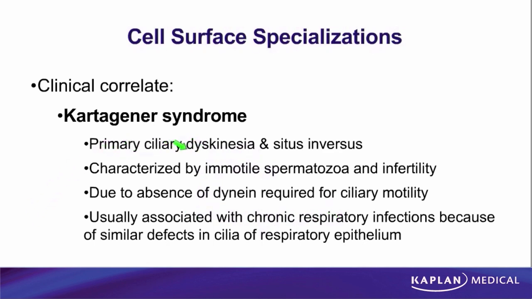Now, for reasons that we're not going to get into right now, about half the time when a person has that, associated with it is also situs inversus, a reversal of the right-left asymmetry in the body. And so when you have primary ciliary dyskinesia along with situs inversus, then it's called cardiogenic syndrome. So you can have this with or without situs inversus. If it's with situs inversus, it's called cardiogenic syndrome.